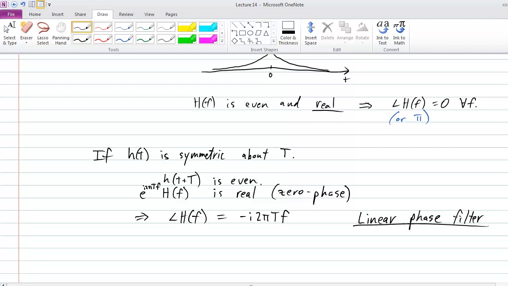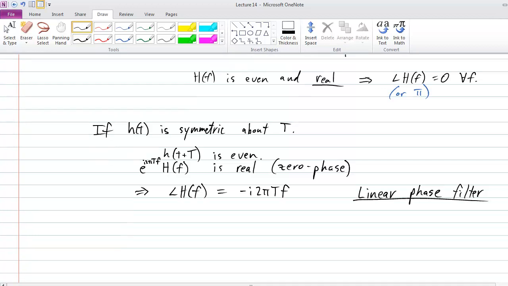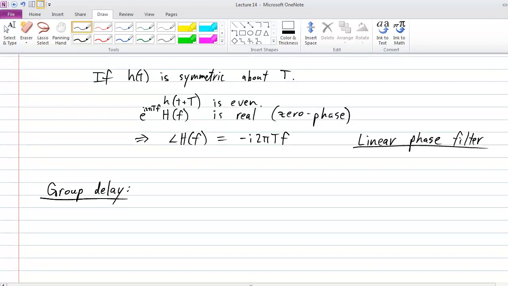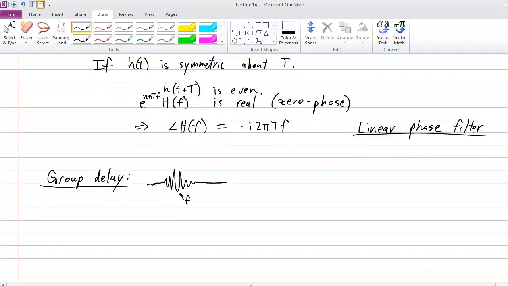Now, why is linear phase interesting? Well, here's why. Now I'm going to tell you something called group delay. Group delay says that if you have some frequency content that's localized in time, so let me say you have something like this, and this frequency is f, what's going to happen when I pass this through my filter?